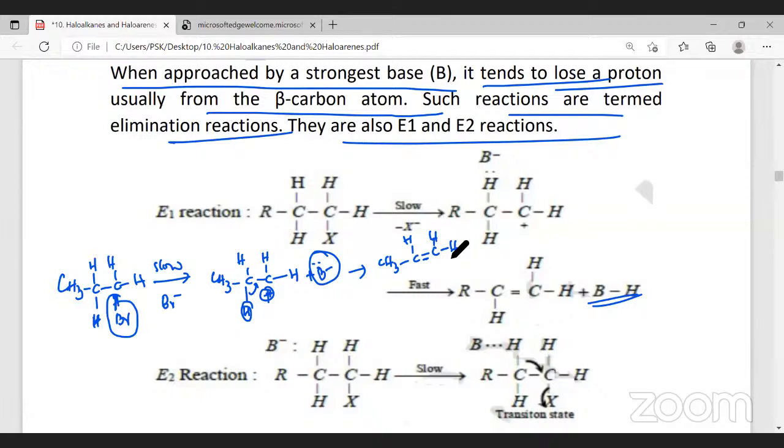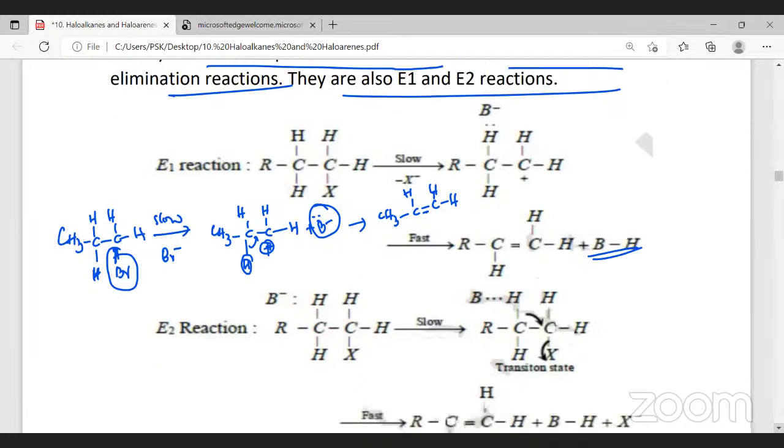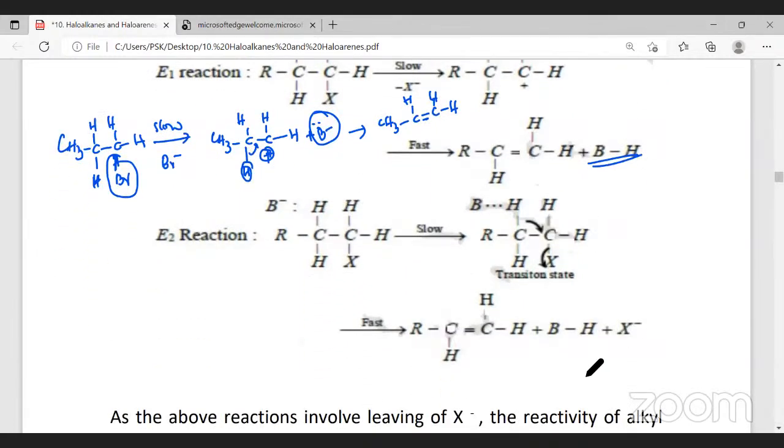Similarly, when we talk about E2 elimination, this looks a little complex. Let's see. This is an alkyl halide, right? We will write the alkyl halide as CH3, CH, CH, here H, here Br, and here it is H. When a strong base approaches this alkyl halide, the base forms a partial bond with hydrogen. The base starts attacking the hydrogen.